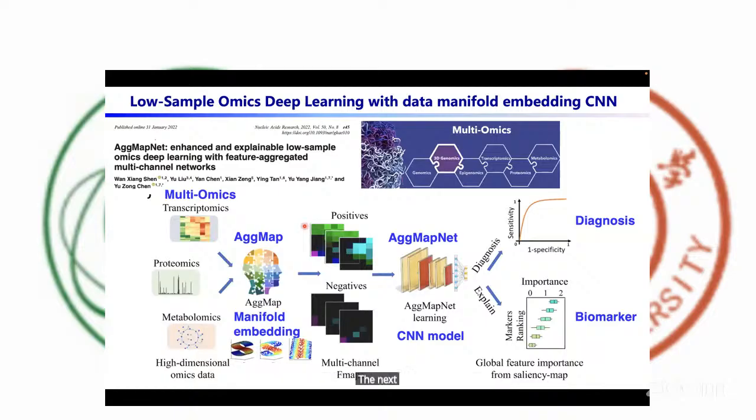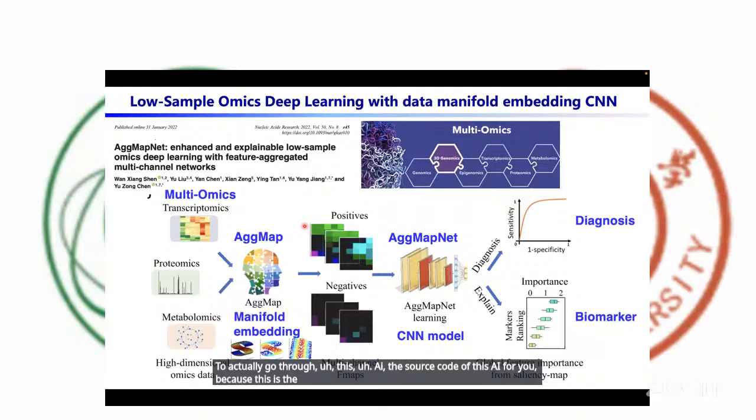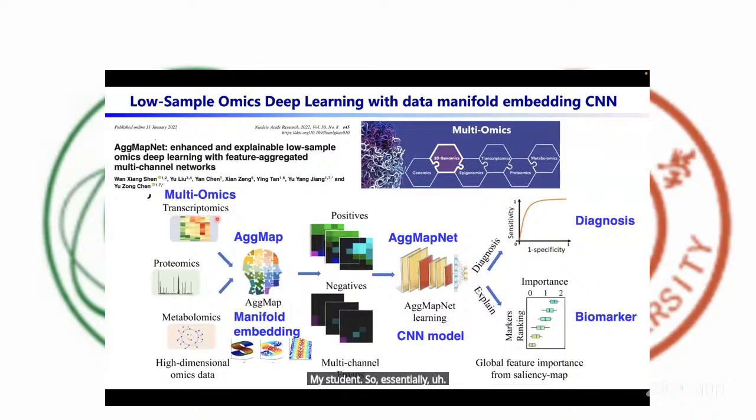The next application is omics AI. Dr. Wang is going to go through the source code of this AI for you, because it was developed by my student. It can start with any kind of omics data: transcriptome, proteome, metabolome, and so on.